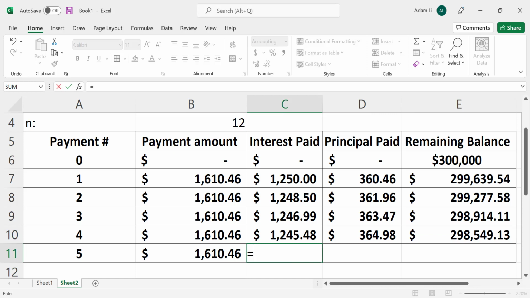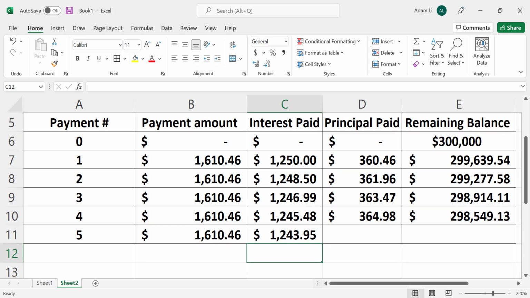So now interest paid is based on the remaining balance 298,549.13 times 5% by 12. So basically, you can create the full schedule. That's what the bank is doing. When you apply for the mortgage, once you get approved, they usually provide this to you, but you can verify all the numbers yourself.